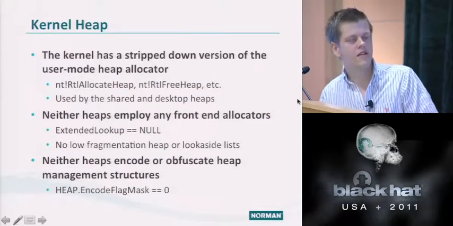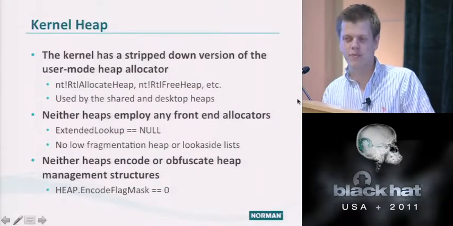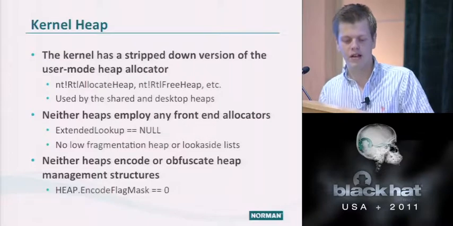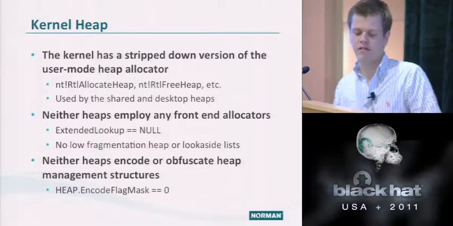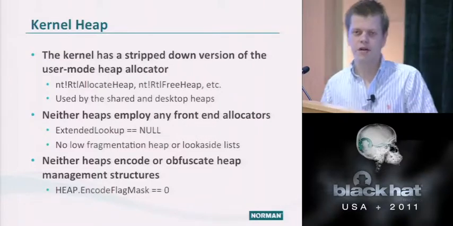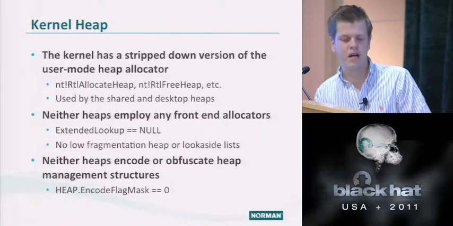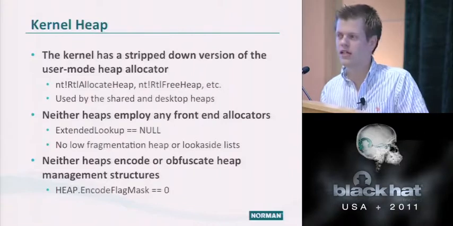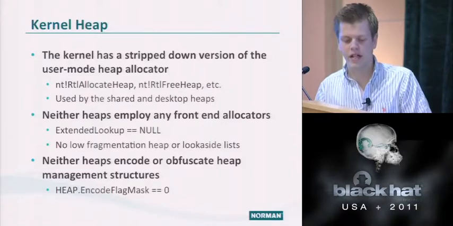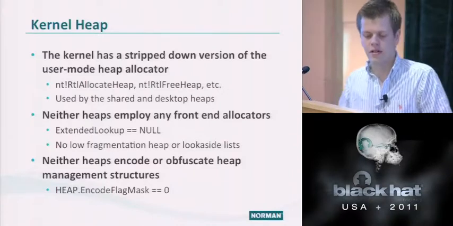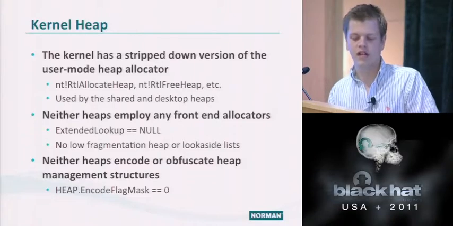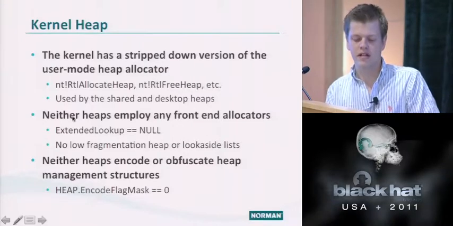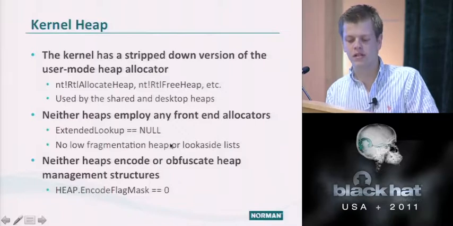So the kernel has a stripped-down version of the user mode heap allocator. It has RtlAllocateHeap and RtlFreeHeap. These are both used by the shared and the desktop heaps. Notably, neither heap employs any front-end allocators. You can see this from looking up the heap base and noticing that the extended lookup is null.